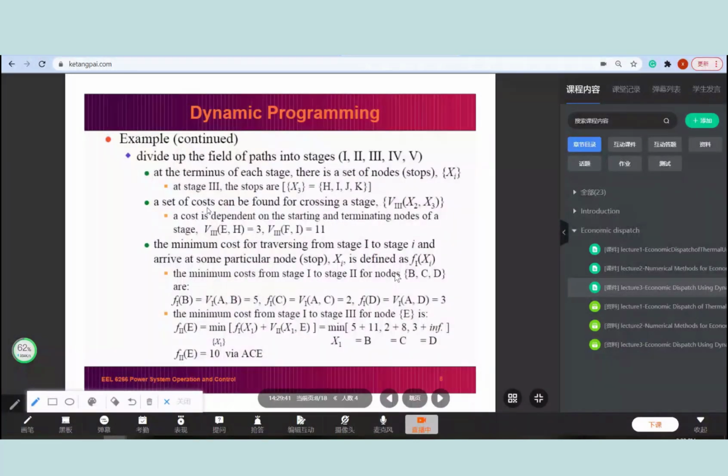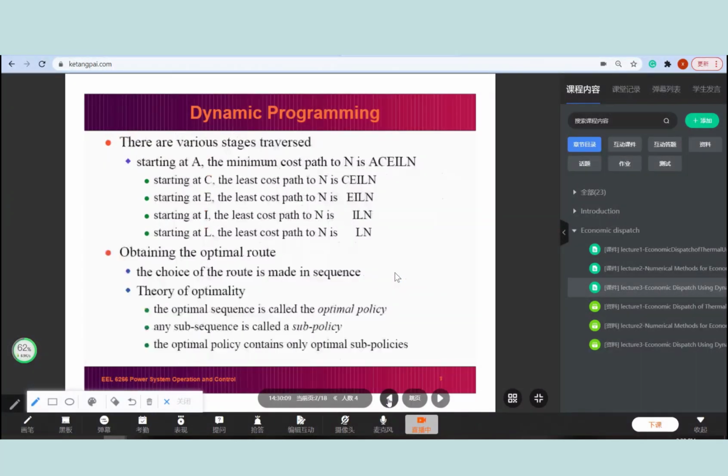So the minimal cost for traveling from stage 1 to stage i and arriving at some particular nodes or particular stops is defined as this f_i(x_i). So the minimum cost from stage 1 to stage 2 for nodes B, C, D. Let's show how to calculate this. Okay.